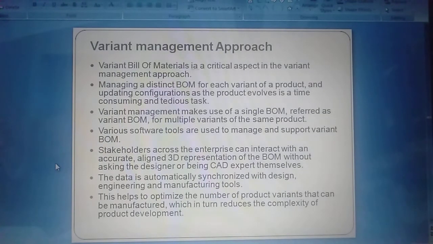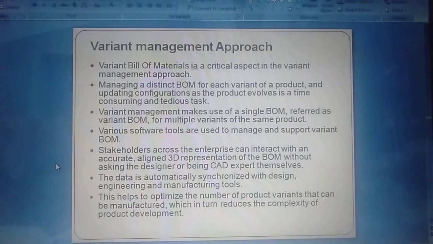Various software tools are used to manage and support variant BOM. Stakeholders across the enterprise can interact with an accurate, aligned 3D representation of the BOM without asking the designer or being CAD experts themselves. As I already told, if it is a single BOM, without consulting anybody you can have all the details related to that product.